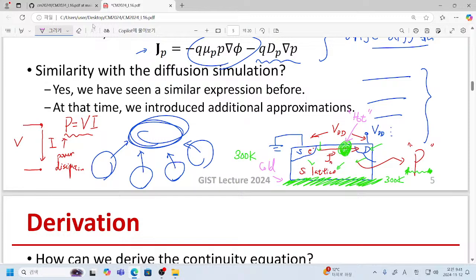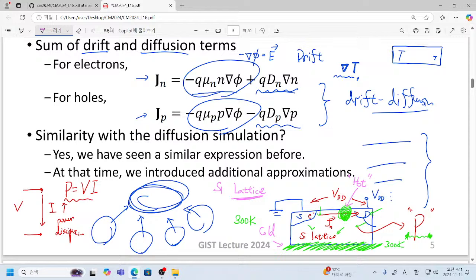When I say temperature here, what is the temperature? This is the temperature of our lattice, meaning the silicon lattice system. So when you come back to our equation, we don't have any terms like gradient of temperature. It means that effect is not included in our drift diffusion model.